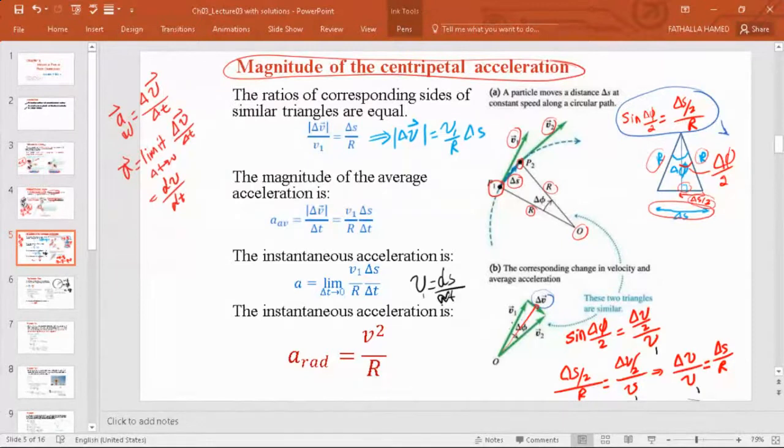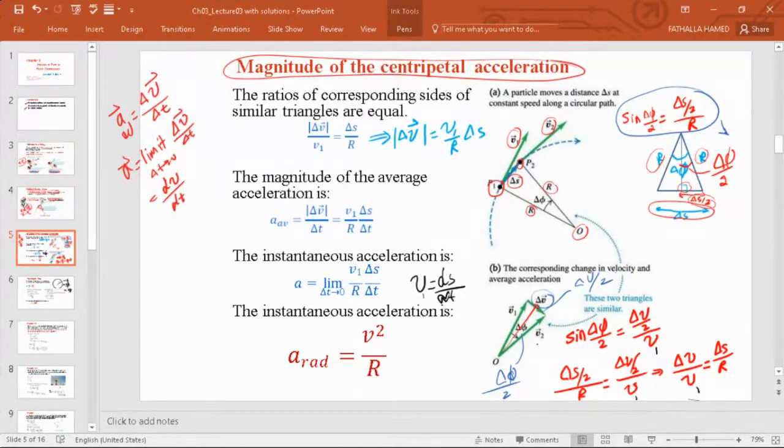So when you do that, you also have a triangle here, where if you cut it midway, you will have delta phi by 2, and the side here will be delta V by 2.